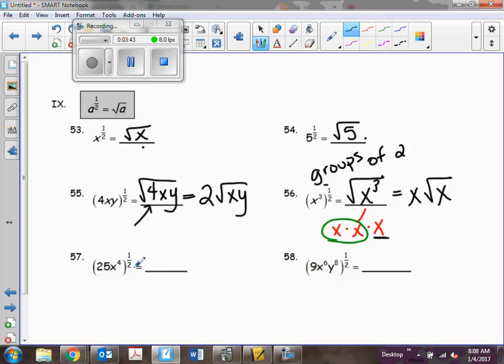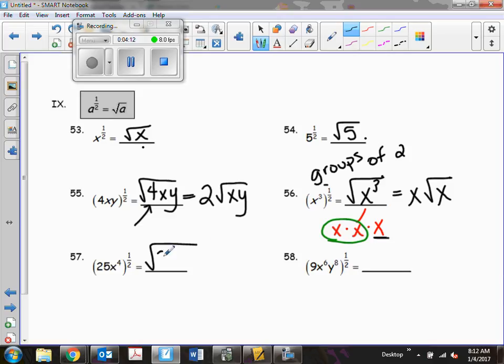So let's go ahead and take a look at 57. Same idea. We're going to take the square root. We're not going to distribute here just because we're going to practice the square rooting idea. We're going to deal with distributing next one. So right here, because this whole entire parentheses is inside with that radical of 1/2, I'm going to put this whole entire thing underneath a big square root.